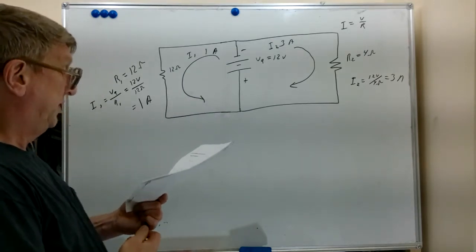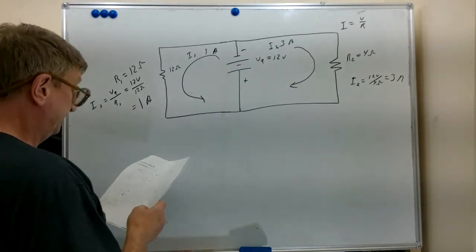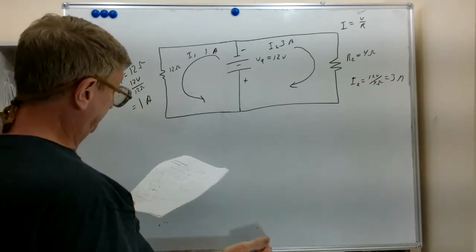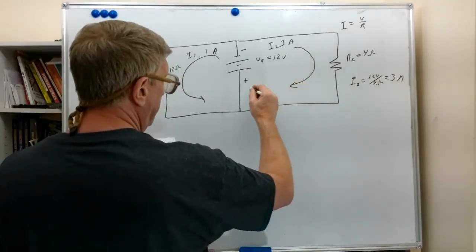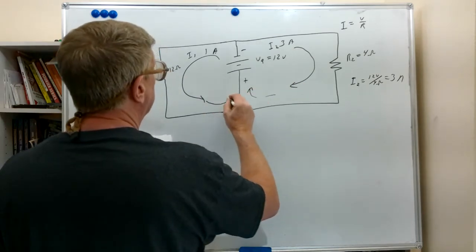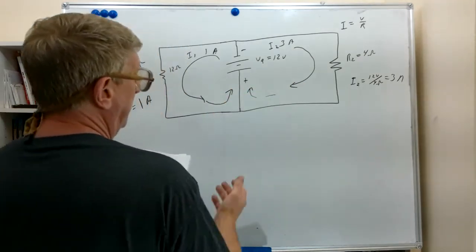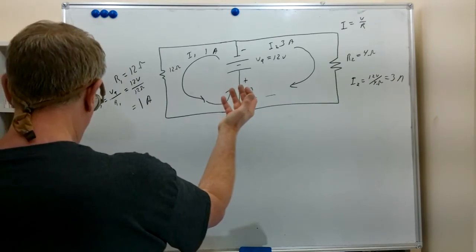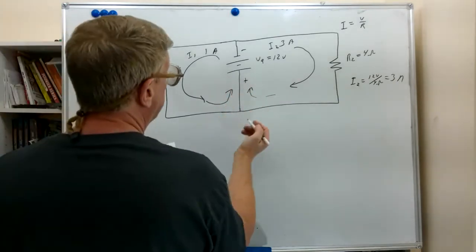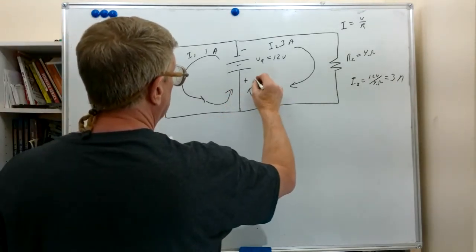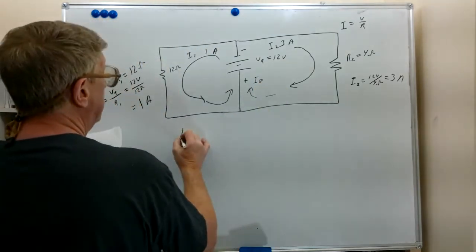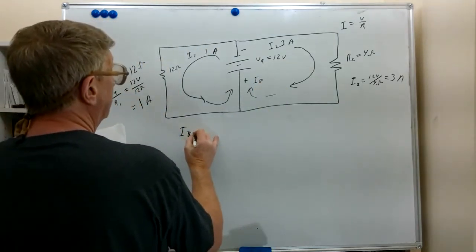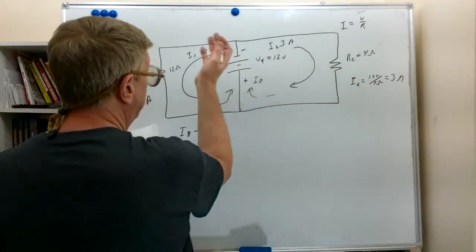A couple things we'll notice here. The I1 and I2 combine in here in the same direction, so we'll call this the current in the battery. So what is IB? IB is going to equal the sum of this 1 amp and this 3 amps.